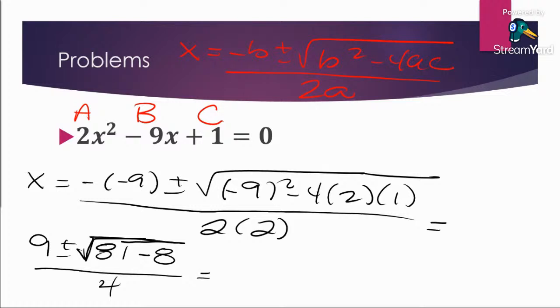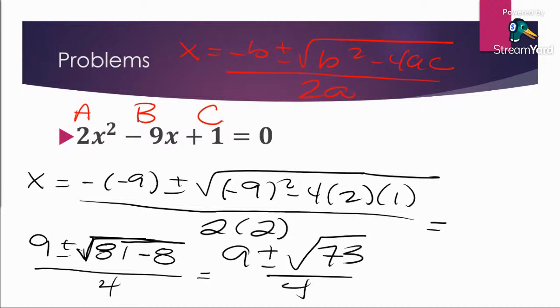Next, we can do 81 minus 8, which gives us, I believe, 73. That's correct. So we end up with 9 plus or minus the square root of 73, over 4. Because we do not know what the square root of 73 is, we leave our answer in this format and stop here.